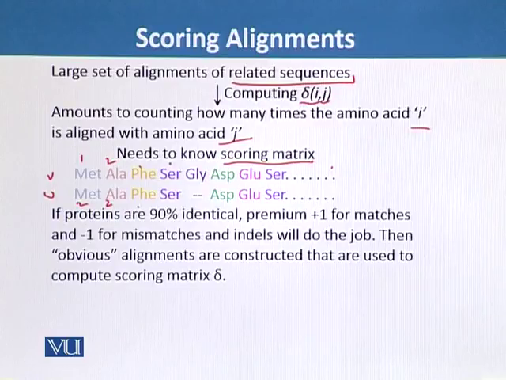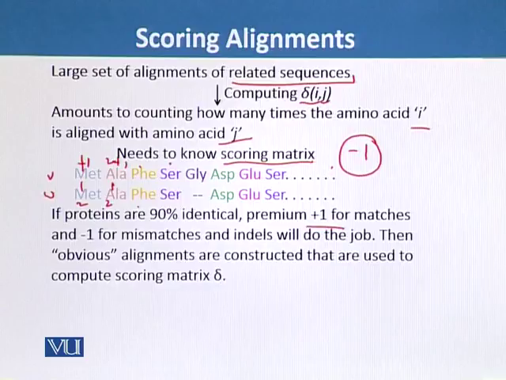Even a naive scoring matrix that we studied earlier, which gives a premium of +1 for the matches, and a penalty of -1 for mismatches and indels, can solve this problem. Previously we had no such penalty for indels and mismatches, but we can solve this problem with this +1 and -1.